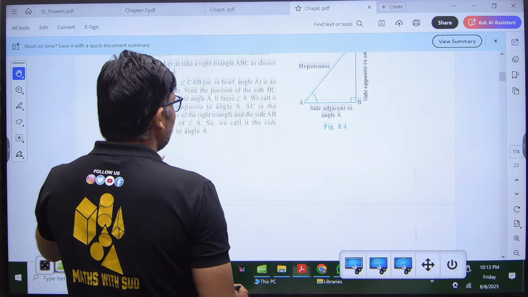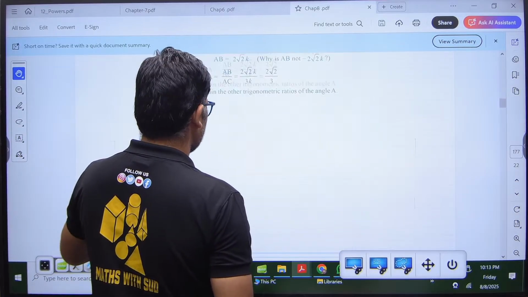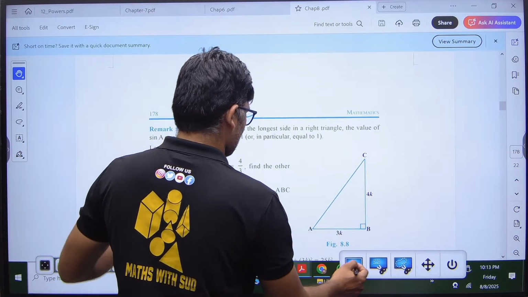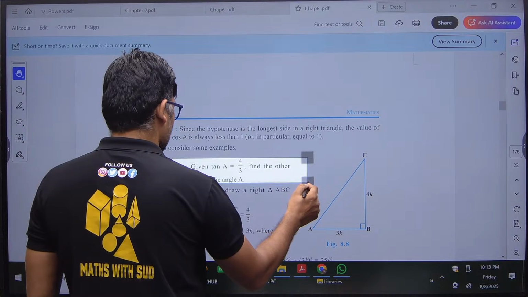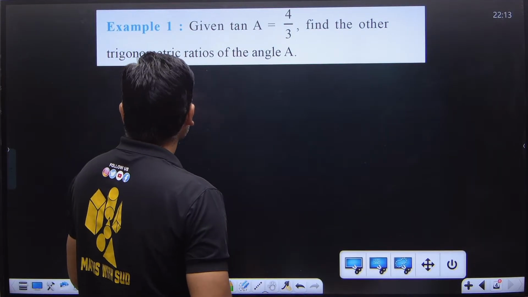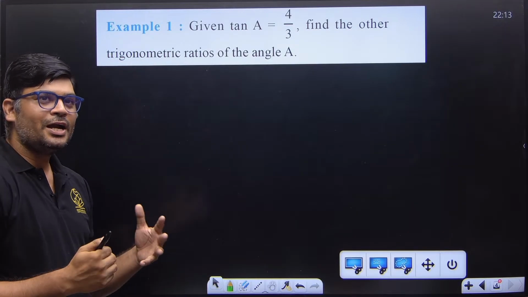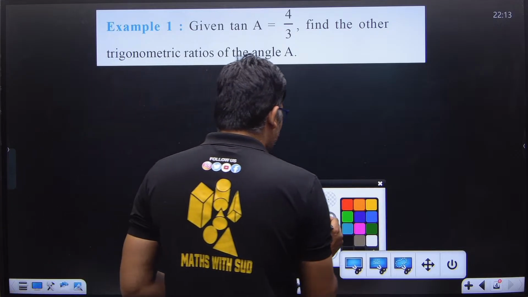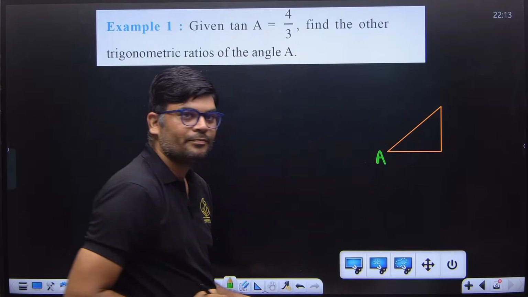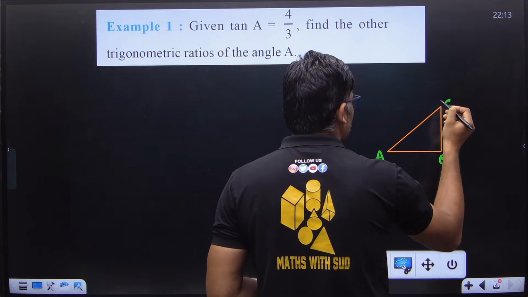So with the terminology we have done enough of the things. Now let us do some questions. So the first question is, given that tan A is equal to 4 upon 3, find other trigonometric ratios of angle A. So immediately the first thing that we have to do is draw a right angle triangle keeping the bottom angle as angle A. Then you can name the other angle as angle B or C, whatever you choose.